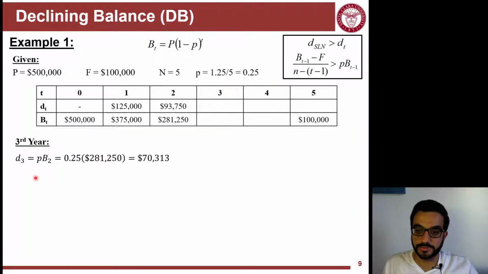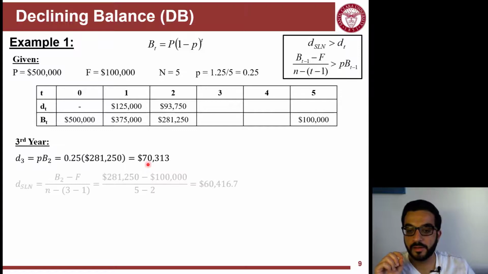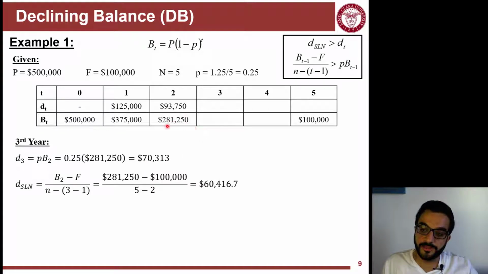So the third year, D3 is equal to P times the book value that I have latest here with me. So it's B2. That's the depreciation amount in the third year if I follow the declining balance. If I decide to switch to straight line, I will be depreciating from 250 to 100,000, and I'm doing it over 1, 2, 3 years, 5 minus 2.